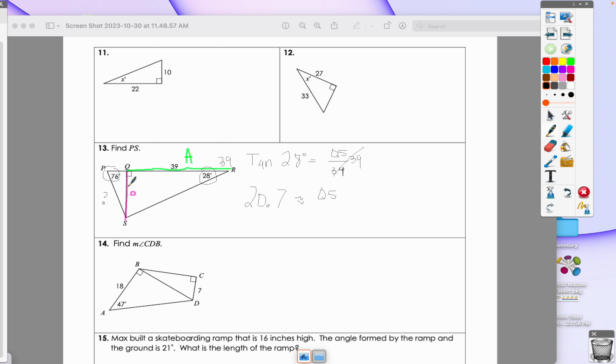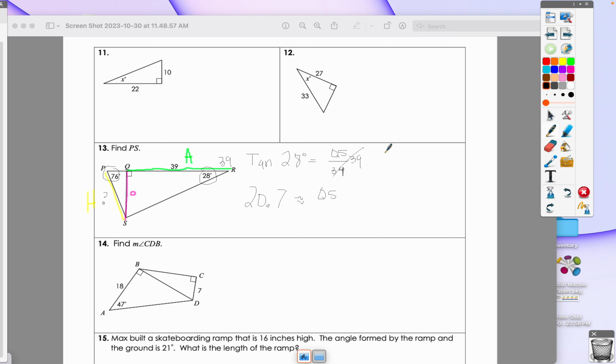QS is still opposite to that 76 degree angle. And this time, because I'm trying to find PS, and it's across from the 90 degree angle right here, it's my hypotenuse. PS is my hypotenuse. So I'm looking for H, everybody, and I'm going to use the new O to get it. There's my new O, 20.7. So what formula deals with an O and an H?